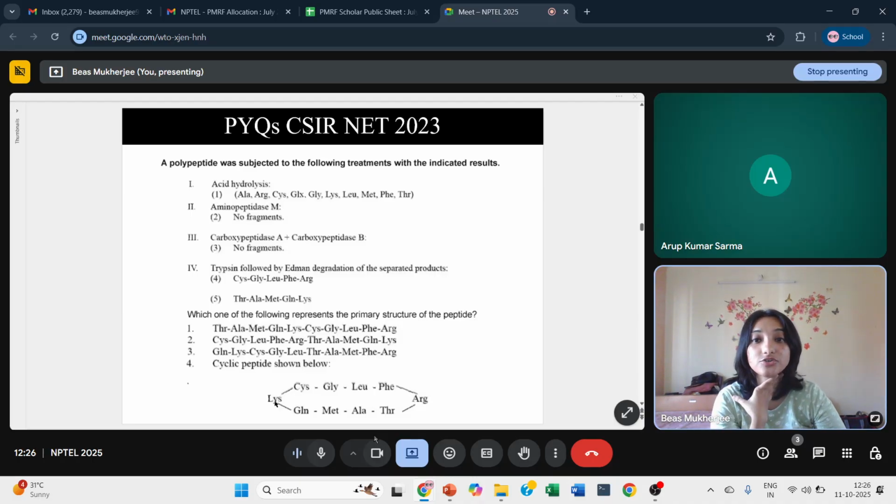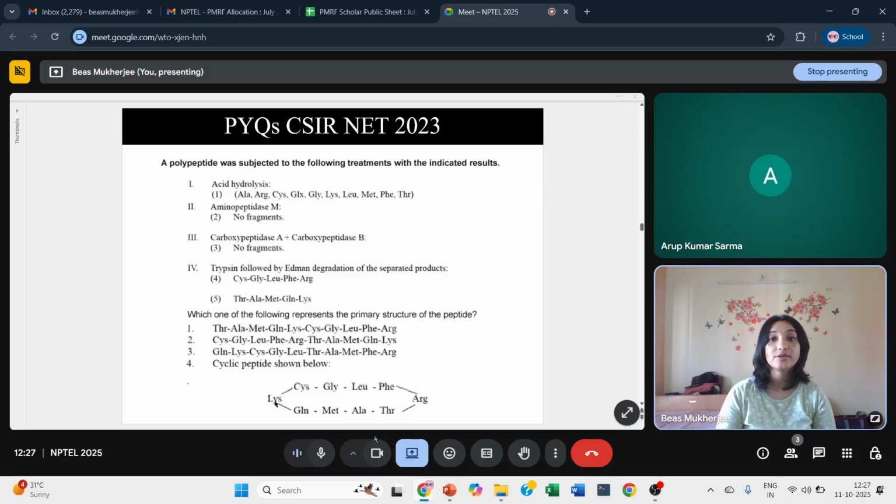Now trypsin followed by Edman degradation of the separated products. Edman degradation and trypsin digestion are also done. That gives you this fragment, and then you get this other fragment also. Which one of the following represents the primary structure of the peptide?